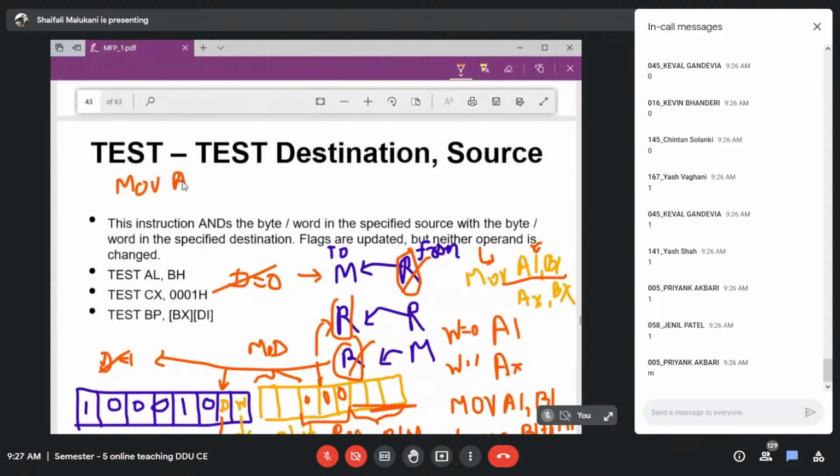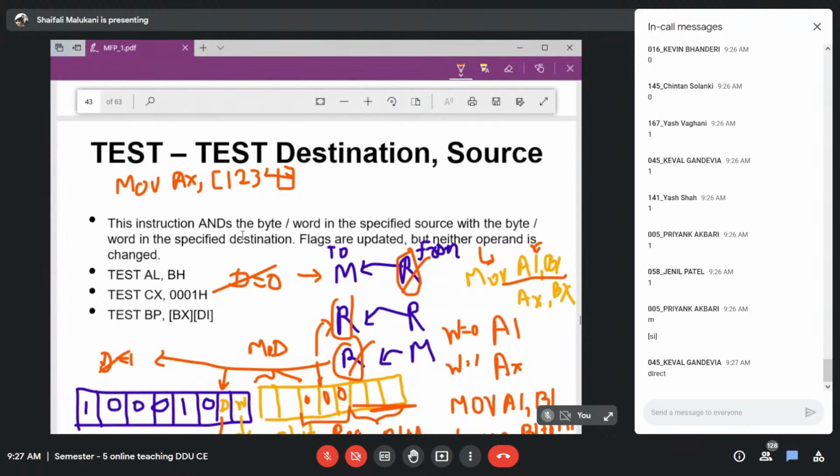Suppose MOV AX, and I want to specify memory. What are the options that I have? I will specify it like this. Which mode is this? Direct mode. What are the other options that I have?